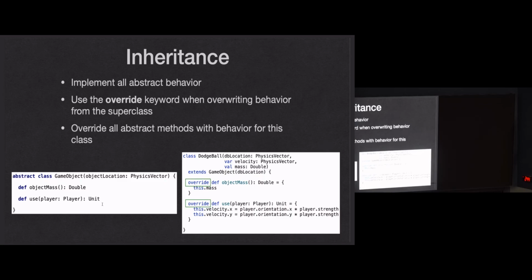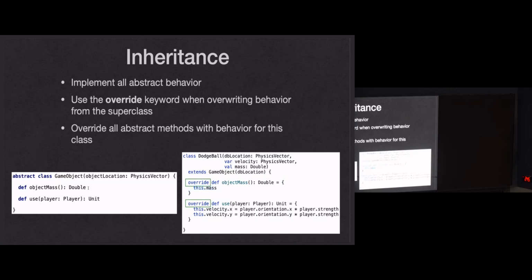And then we have these two methods that we didn't define in the abstract class. And now it's time that we have to define them. When we define these methods, we're going to use the keyword override to say, hey, I got a method named objectMass that returns a double from a class that I'm inheriting from. I inherited this method, and now I want to override whatever that method does, and I want to change its behavior to this.